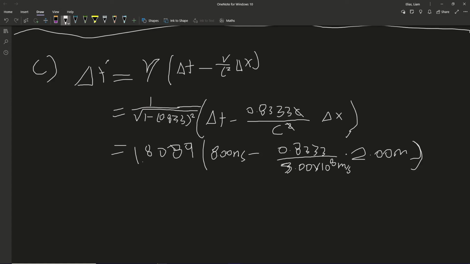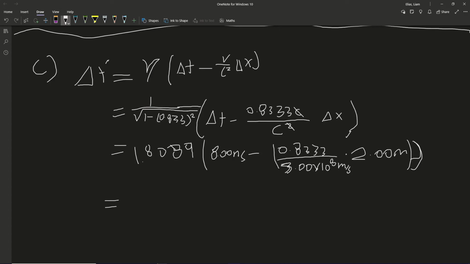You can convert this into meters per nanosecond, I suppose, but I find it harder at this point in the question to do that. So just remember that once you calculate what's in the brackets here, you'll have a matter of seconds, and then you should convert it into nanoseconds. At least in my opinion, it's easier to convert into nanoseconds after you compute this.